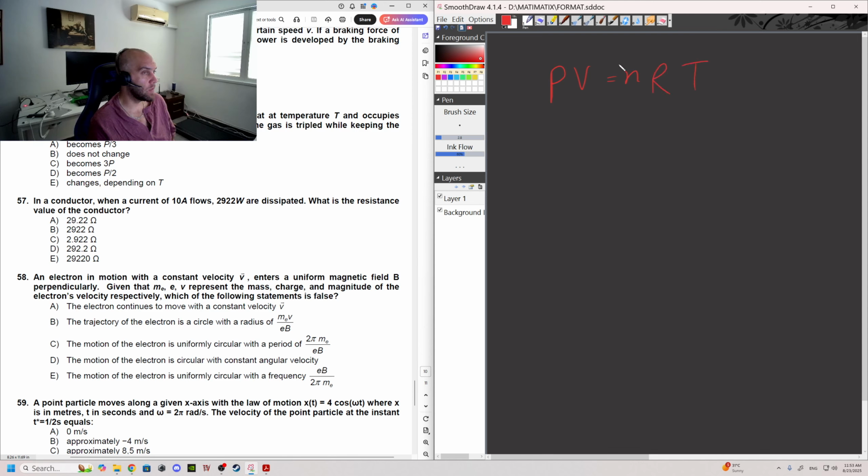For Question 56, this equation tells us that when we have a container, and the container contains gas molecules of a certain type, it can be mixed, it's fine, and we have a specific number of moles, which is basically the number of molecules, but in different units.